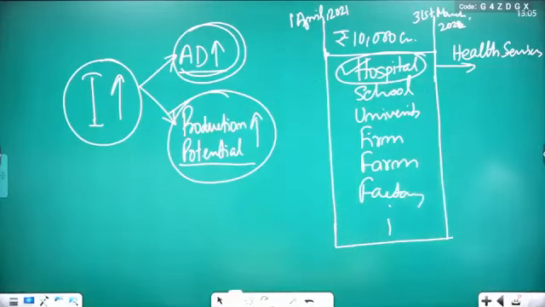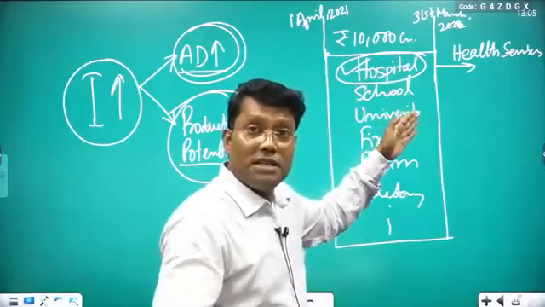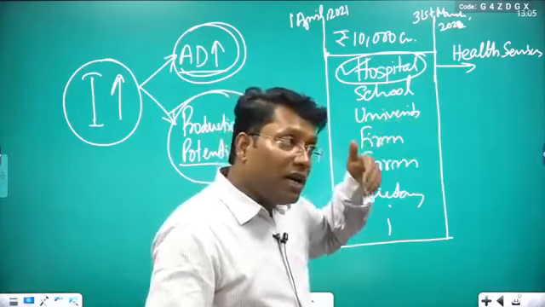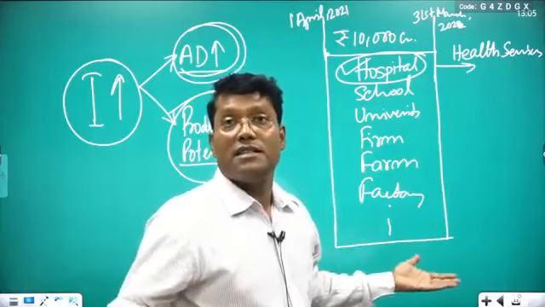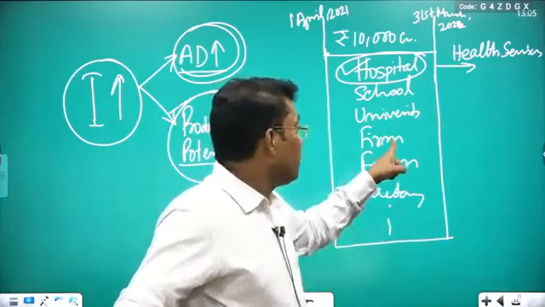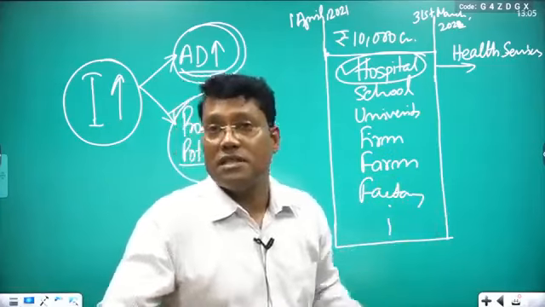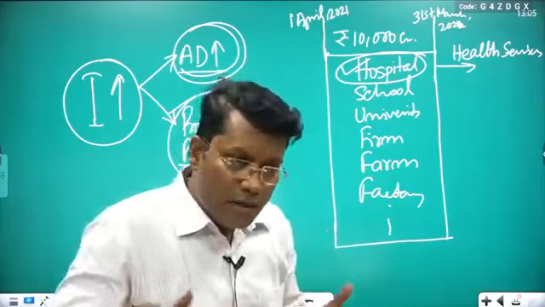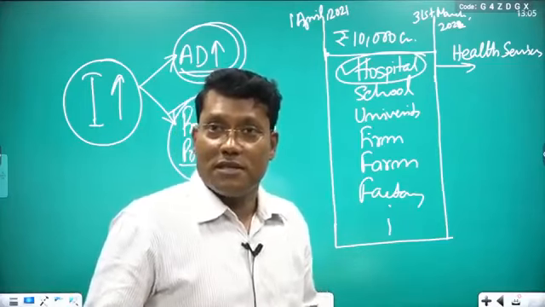If you're talking about schools and universities, once you complete them, the potential to provide more facilities and services in the education field has increased. If you develop factories to produce goods or services, definitely your production potential has increased to produce more goods and services.